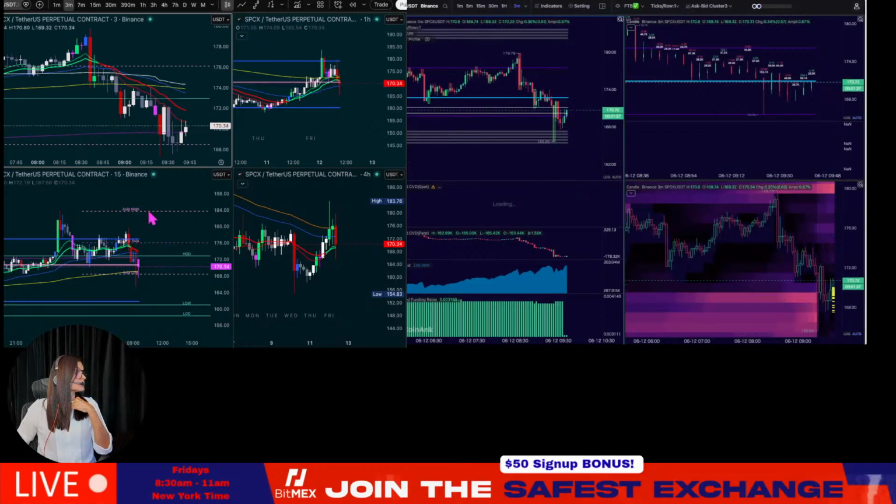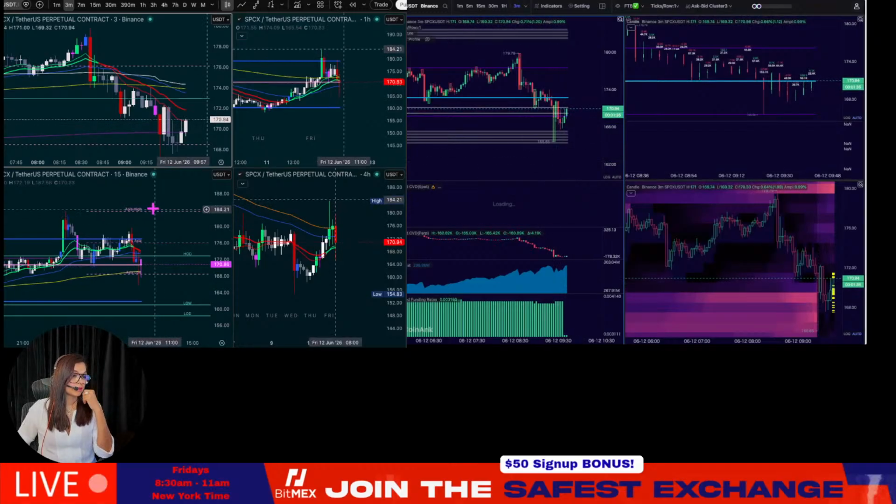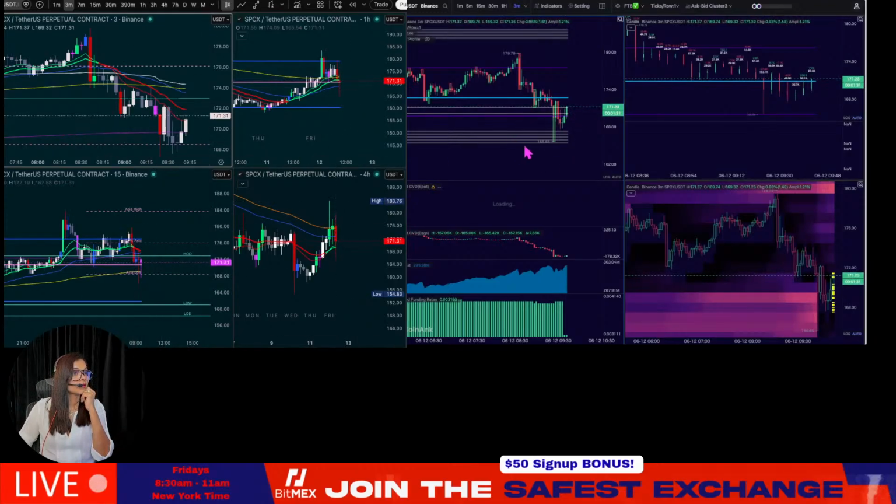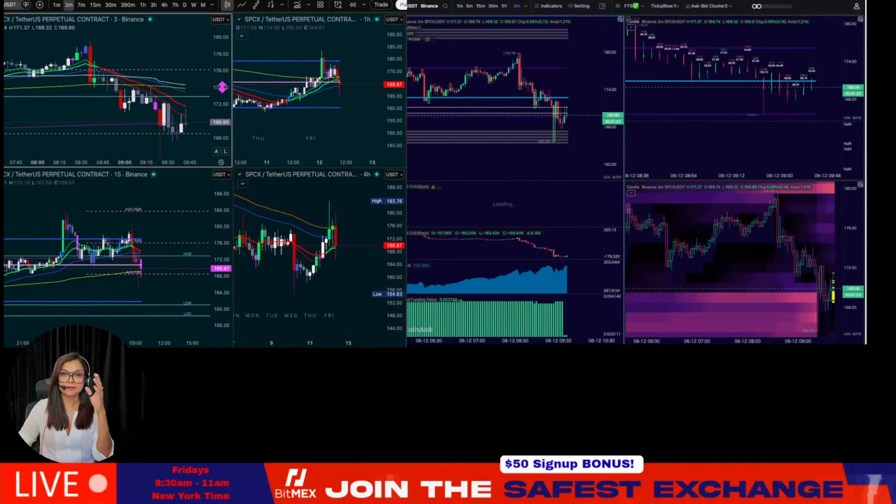An MSB right here is where I would look for a long setup if I was not already in a trade. I am in a trade on BitMEX.